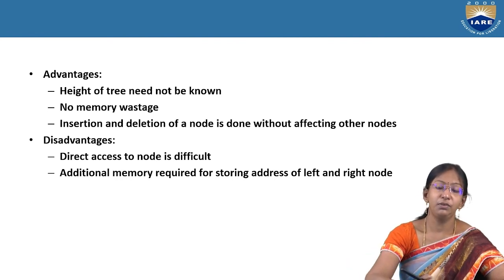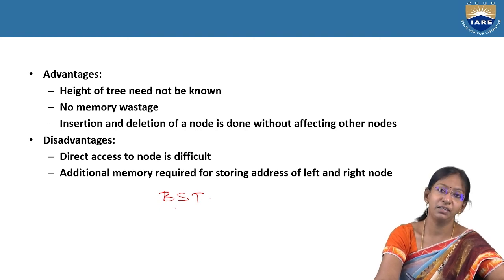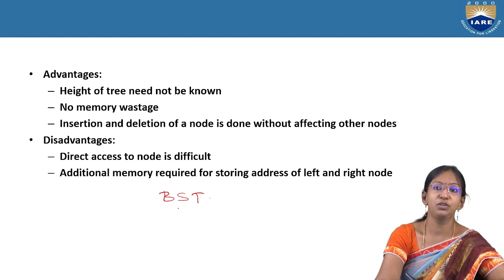In my coming videos, guys, you can search for BSTs, binary search trees. The basic difference between a binary tree and a binary search tree is that a binary tree does not impose any restriction on the data which we store.